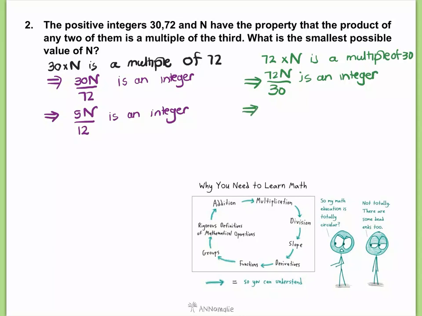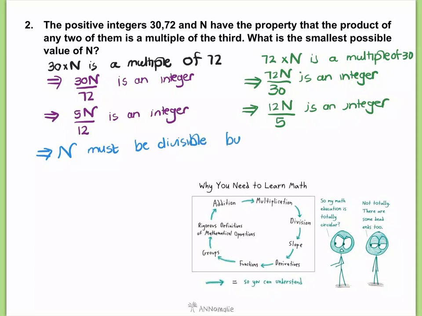And I can then divide top and bottom again by 6, and I get 12n over 5 is an integer. From both of these results, we can see that n must be divisible by 12 and 5. How do I know that?